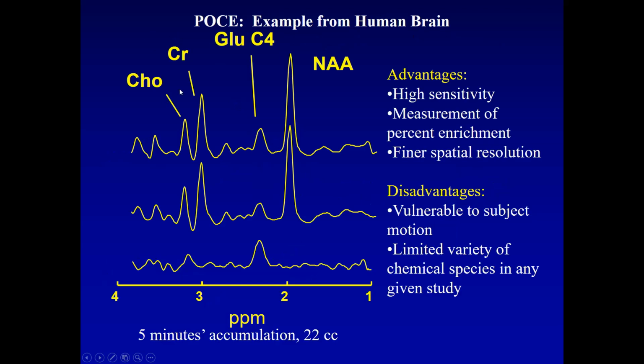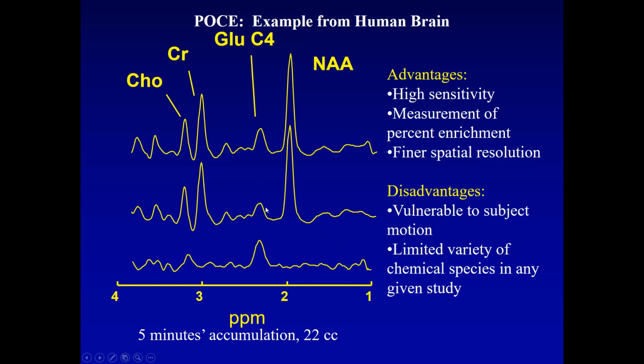Here's an example from the brain in vivo. Now this is 5 minutes of accumulation in a volume of only 22 cc's. And it is possible to do better than that. So here is the total spectrum, C12 plus C13. Here is the spectrum with the C13 inversion applied. So now it's the total minus the C13.